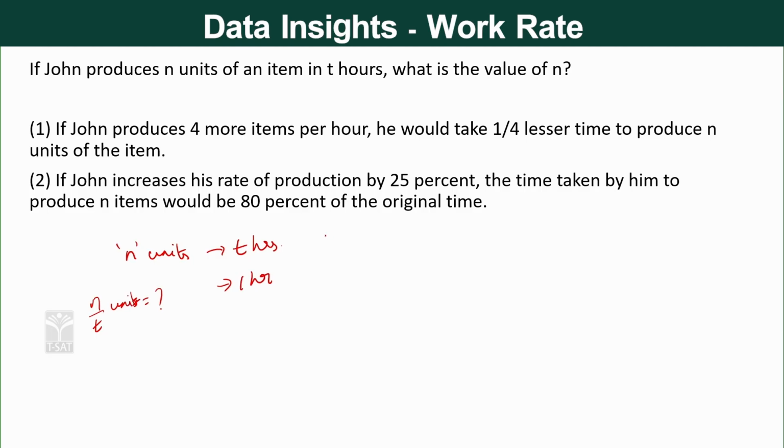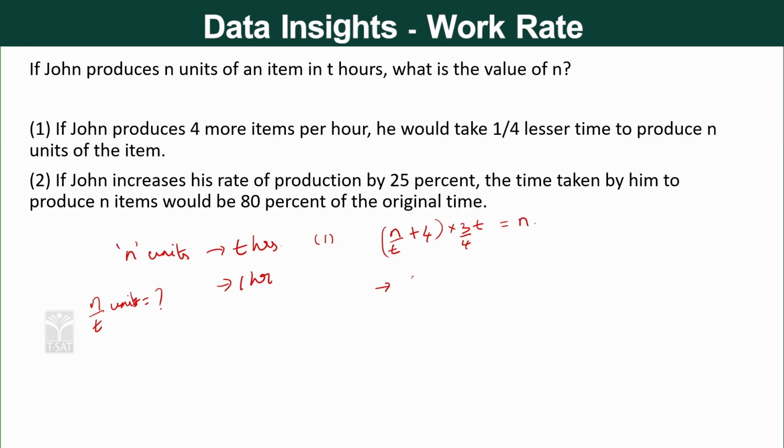So, what does statement 1 tell us? Statement 1 tells us if John produced 4 more items per hour. So, per hour it is producing n by T initially, but if they produce 4 more, that is plus 4, he would take 1/4 less time to produce n units of the item. So, the rate into time will be equal to the total. It is taking 1/4 less time, so that means it is 3/4 of T, and it will produce n units of the item.